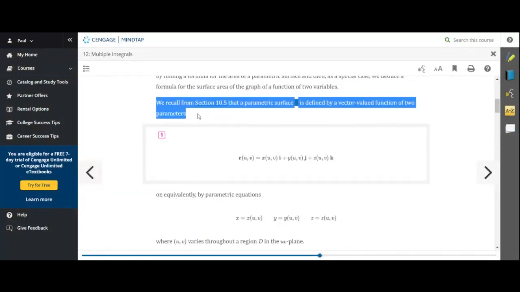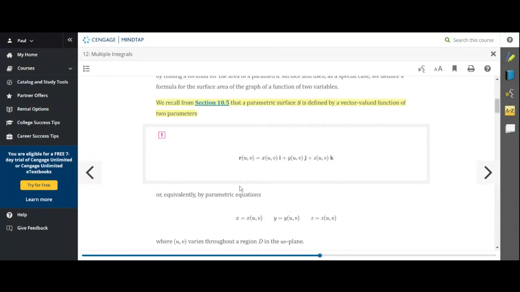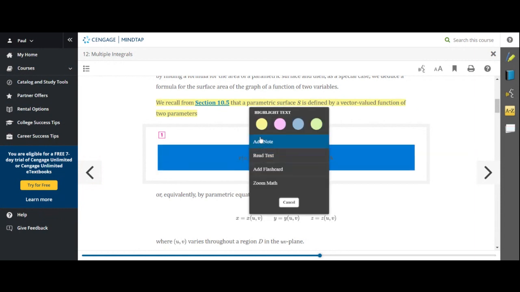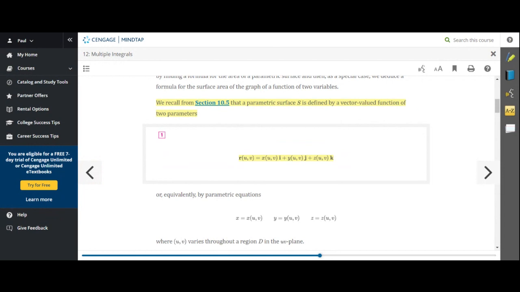First of all, they remind you that in section 10.5 you studied how a vector function of two parameters, u and v, actually traces out a surface in three-dimensional space based on those parametric equations.